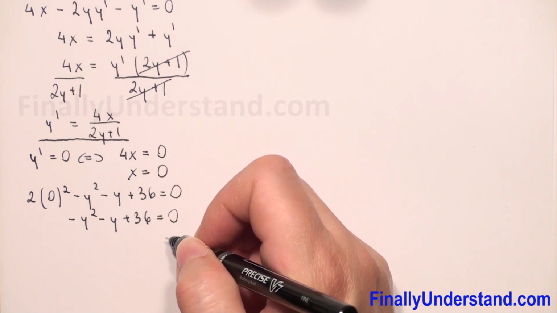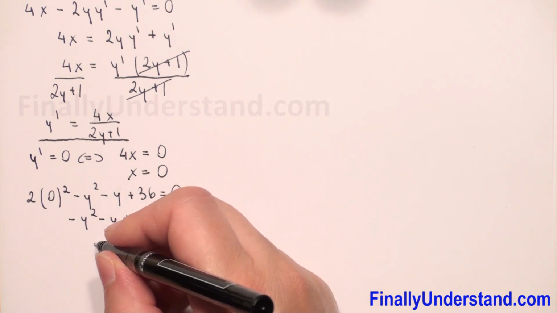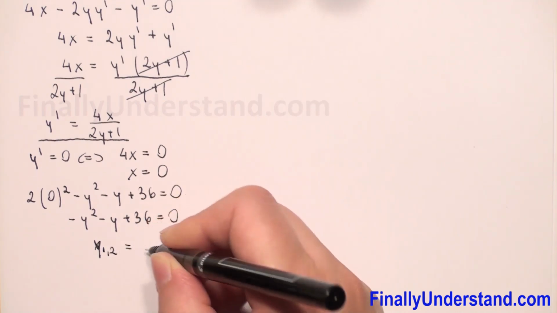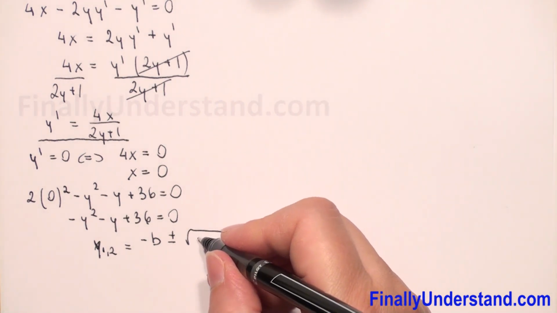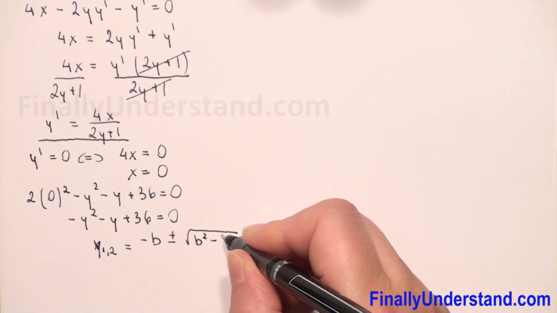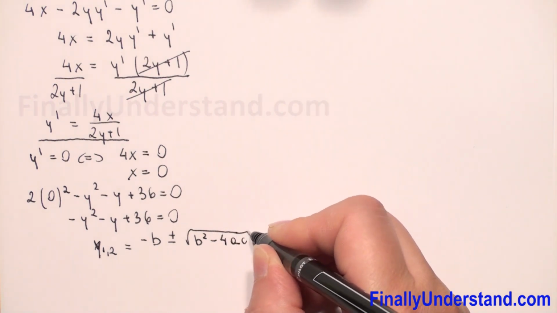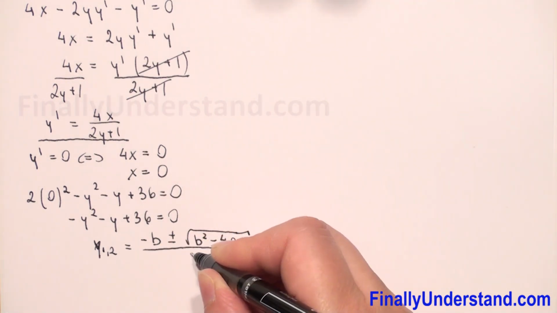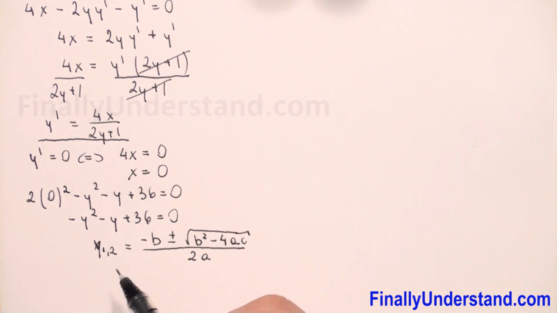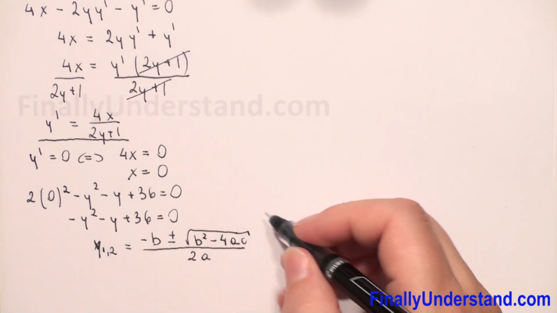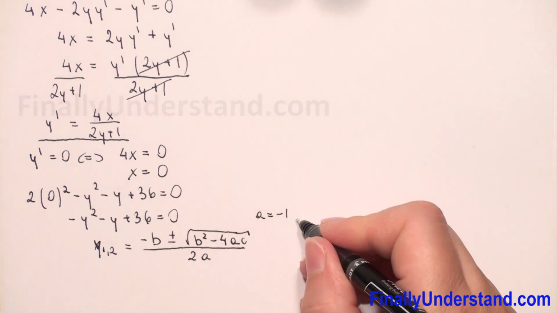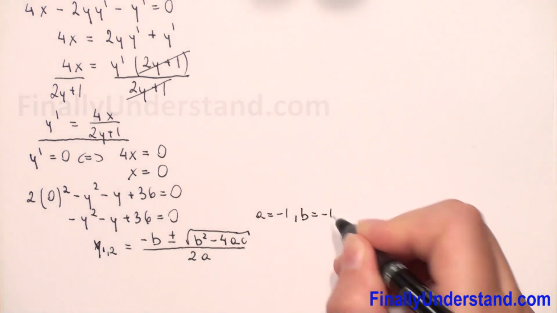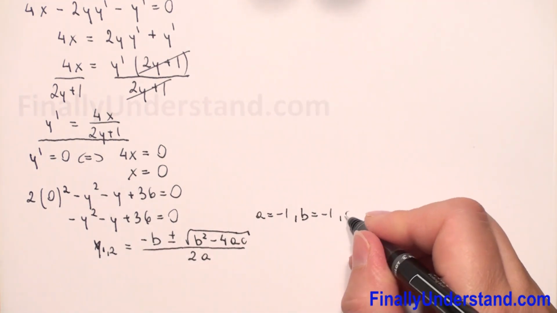To solve, we will use the formula y1,2 is equal to minus b plus minus the square root of b squared minus 4 times a times c, over 2a. We know that a is the coefficient before y squared, so it's negative 1. b is the coefficient before y, so it is negative 1, and c is the constant.